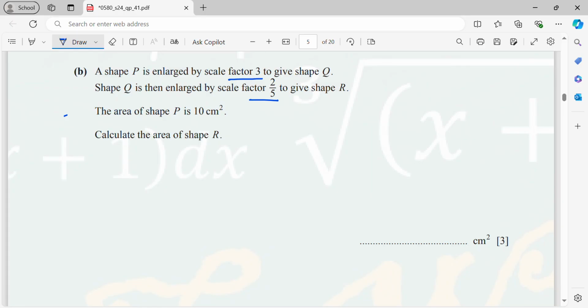Calculate the area of shape R. Okay, so now P to Q to R. All these are enlargements. So now scale factor 3, scale factor 2/5. Okay, so the area of P is 10.